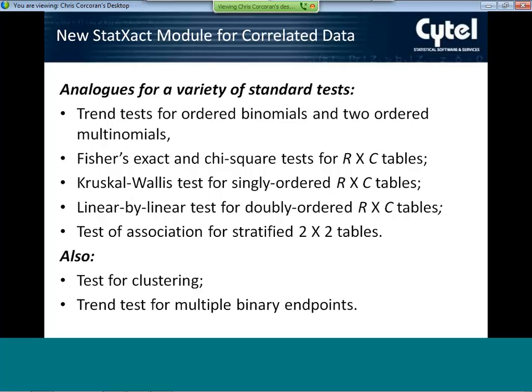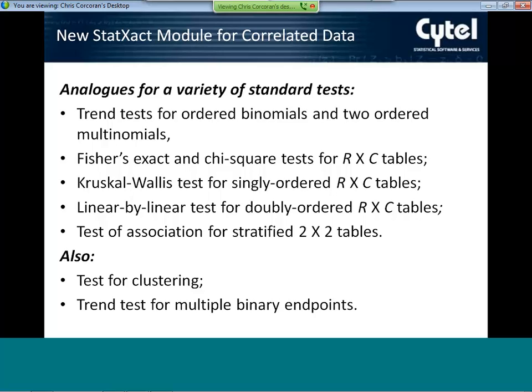There's also a correlated data version of Fisher's exact test and the chi-square test that we would use for R by C tables. We have an exact test for a singly ordered R by C table where the rows are ordered but not the columns. We have a test where the rows and columns are both ordered, so a linear-by-linear association test, and also a test for stratified 2x2 tables.